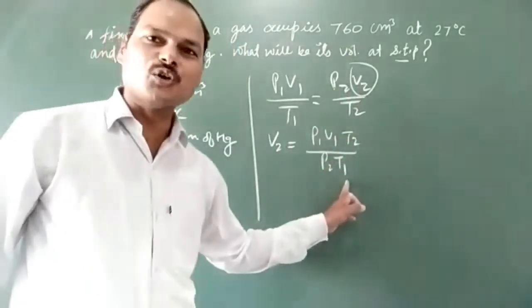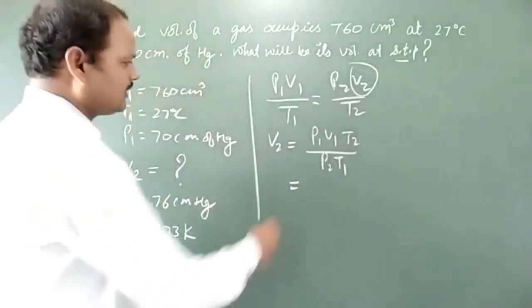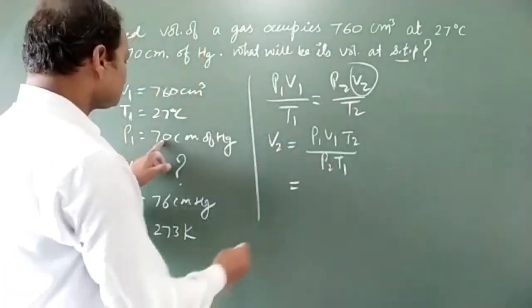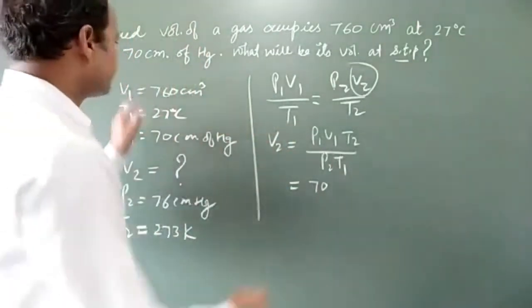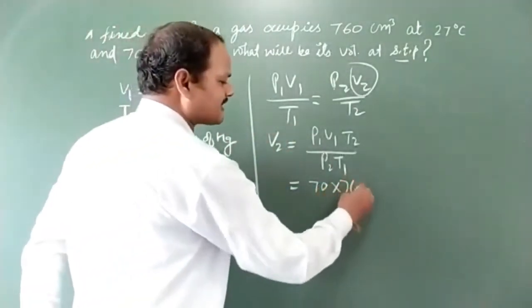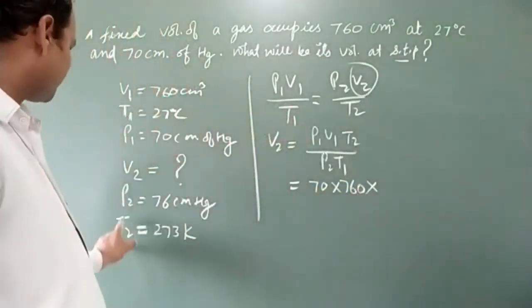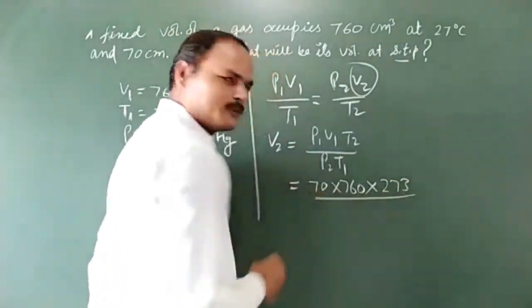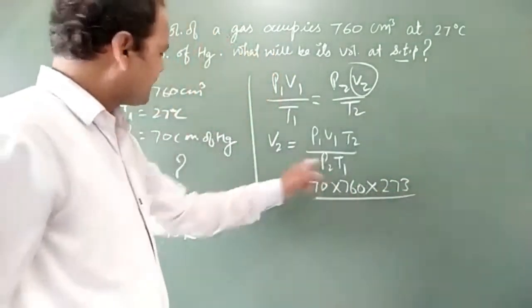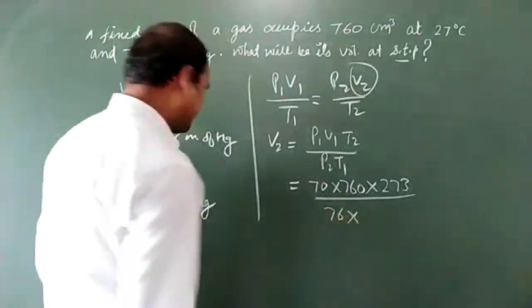Now 5 values are known. So put the values which are given in this numerical. P1 is 70 and V1 is 760 and T2 is given here 273. I hope you are getting. Now P2 is 76.